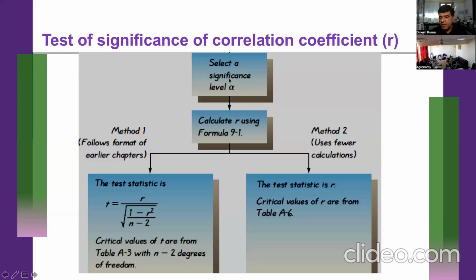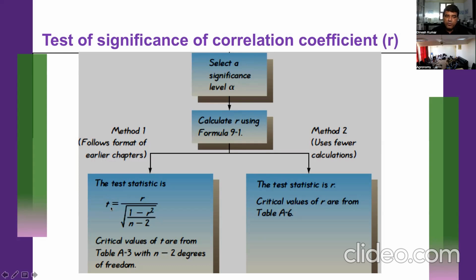Select a significance level. First of all, we need to select a significance level, whether you want 5% or 1%. Normally, we take 5%. So here, a 5% level of significance can be taken. Now, friends, see method 1. In method 1, for testing the significance of the correlation coefficient, we use the t-test.